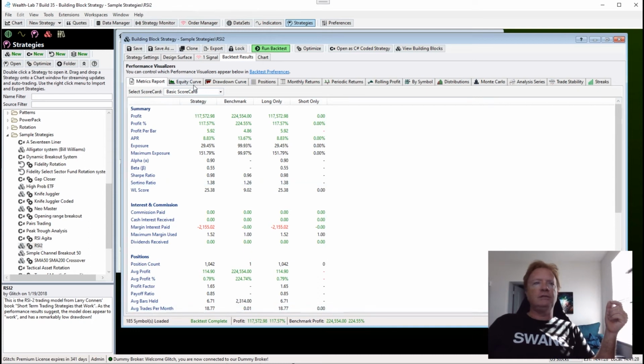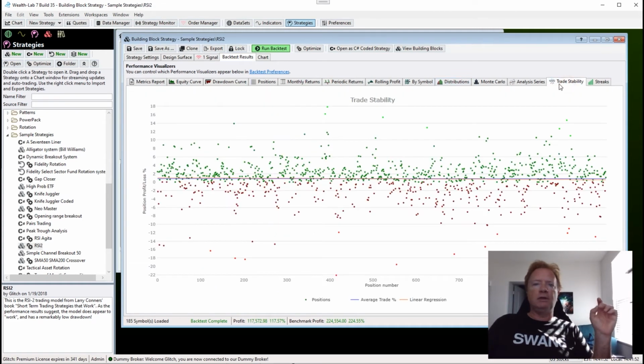You'll see, if I go to backtest results, each of these tabs here is a performance visualizer. It lets you see the result of the trading system performance in different and novel ways. So there's some new tabs here that are coming from the Power Pack. The first one let's take a look at is trade stability.